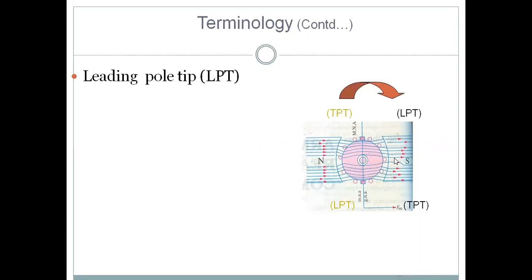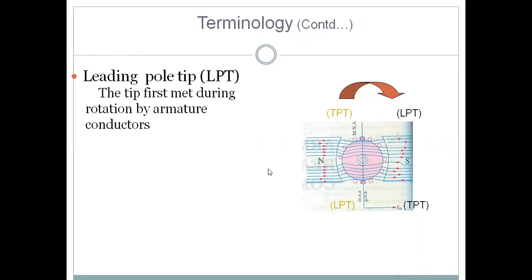For the shown picture, it is rotating in clockwise direction. Please see, it is rotating in clockwise direction. During the rotation, the tip first met during the rotation is the leading pole tip.